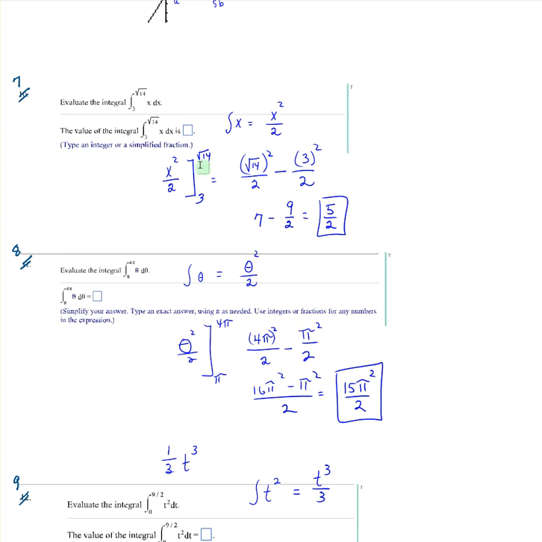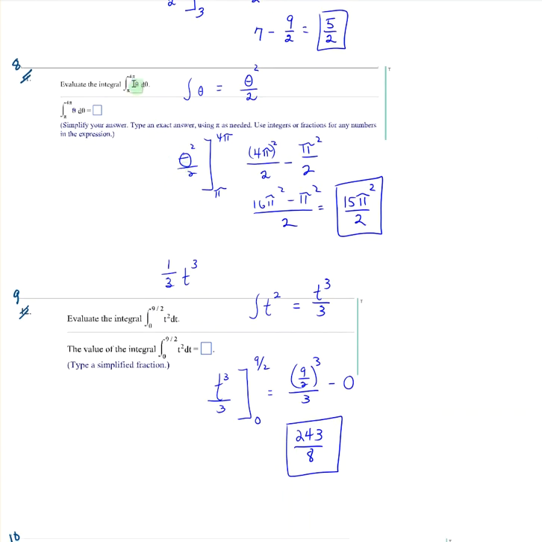To evaluate, you plug in the upper one, so square root of 14 squared over 2. You subtract the lower one plugged in, 3 squared over 2. So this becomes 14 over 2, which is 7. This is 9 over 2, and so you get 5 halves. If you changed that to 14 halves, you would subtract, you'd get 5 halves, because it does want a simplified fraction or a whole number. It doesn't want a decimal.